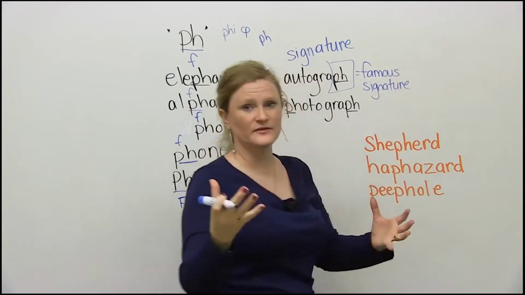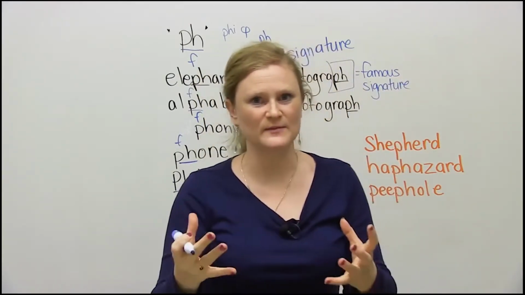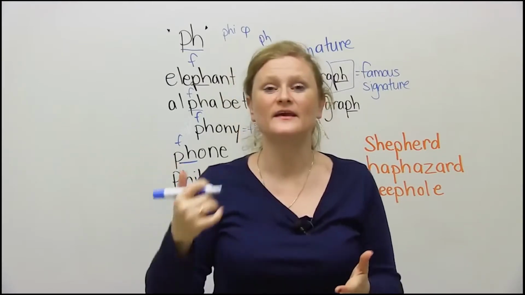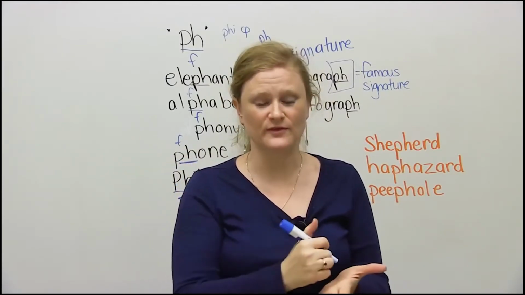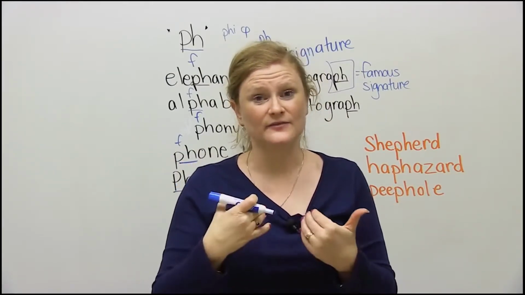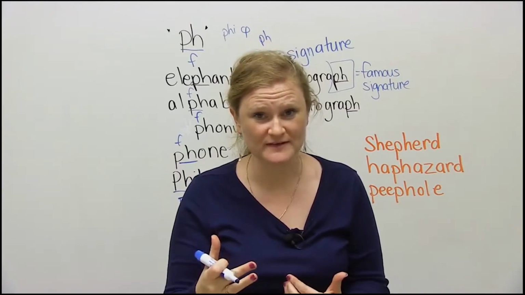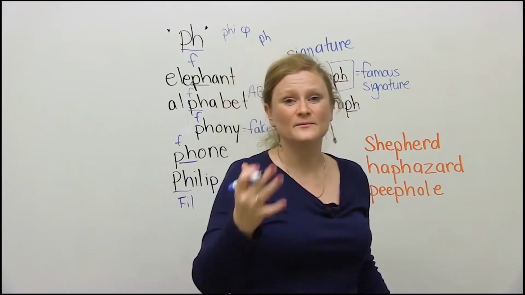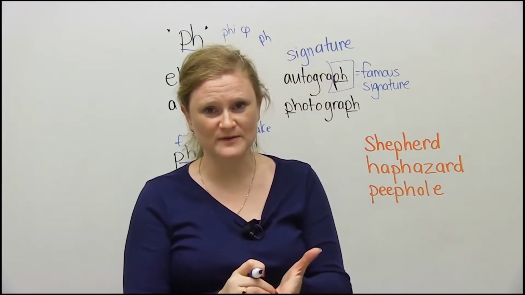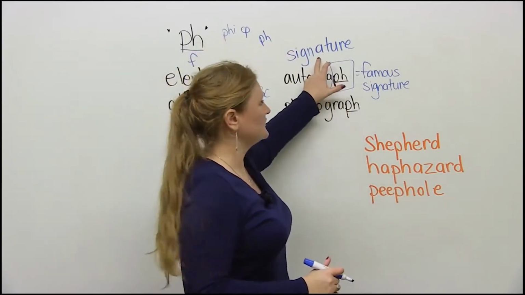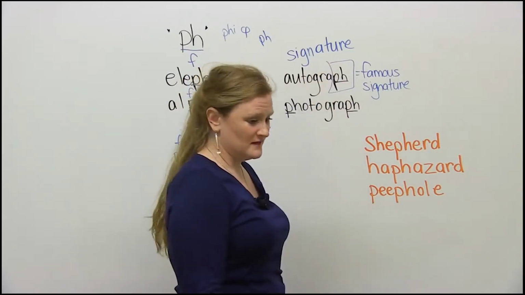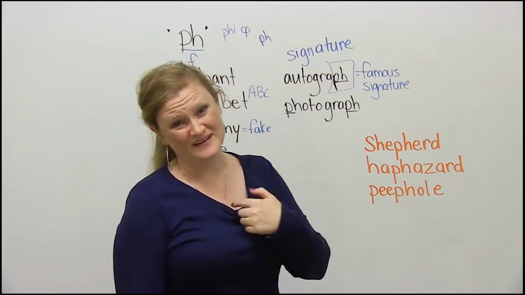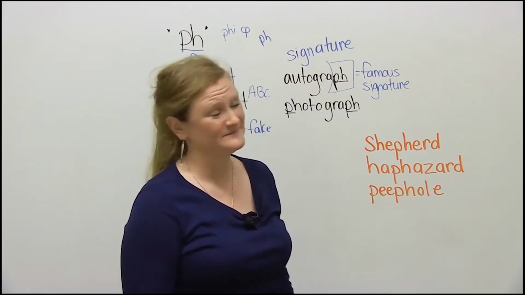So, for example, if you met a really famous person, oh my God, it's a famous person, you would ask them for their autograph. If I met a famous person, I wouldn't care. I'd be like, whatever, okay? But autograph is for a famous person. A signature is for regular people like you and I.